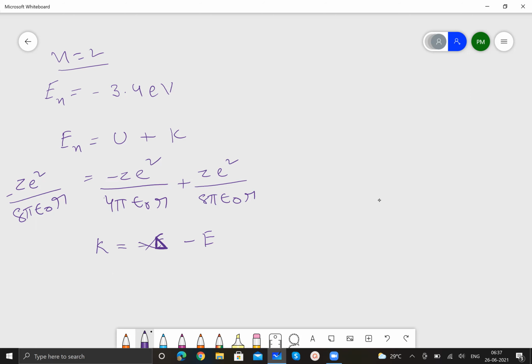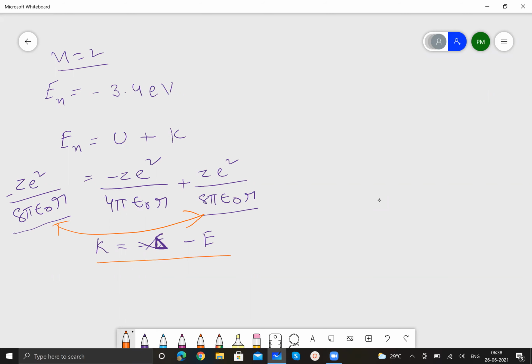Any difficulty, please tell me, I'll explain. This is the expression for total energy. This is the expression for kinetic energy. So K is plus ZE square by 8 pi epsilon 0 R, total energy is minus ZE square by 8 pi epsilon 0 R. Comparing these two, I get K is equal to minus E.